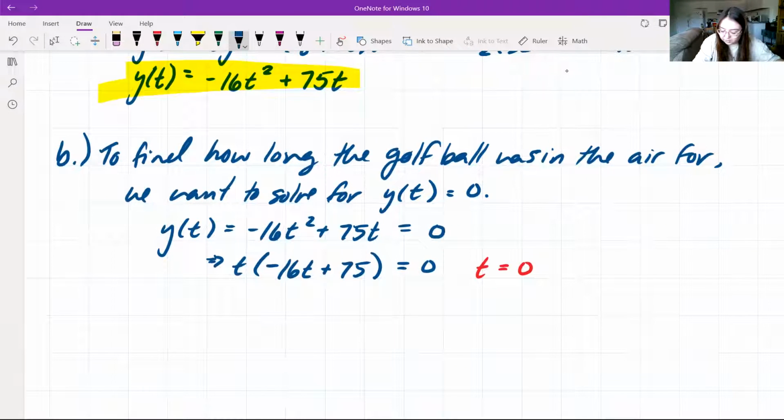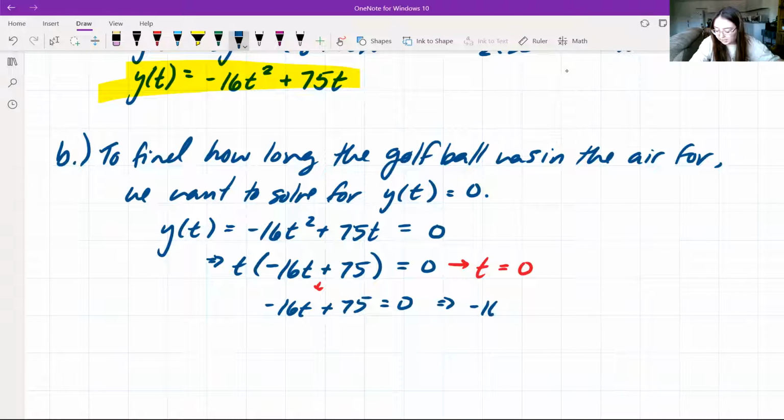So we get that t is equal to 0 or negative 16t plus 75 is equal to 0, which means negative 16t is equal to negative 75. So then t is equal to 75 divided by 16, since both of those negatives cancel out.